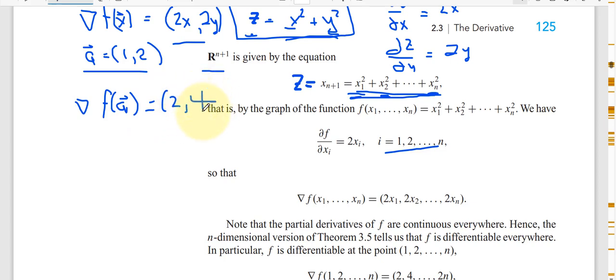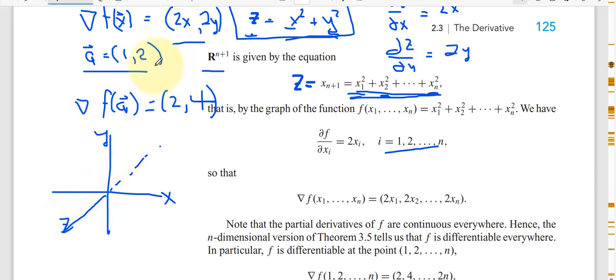Oops, sorry about that. Okay. And what does that tell us? Remember this is the input, let's call this x, and this y, and then we have another dimension, z. So when x is 1 and y is 2, we're at this place in the xy plane, and then the height is somewhere out here.